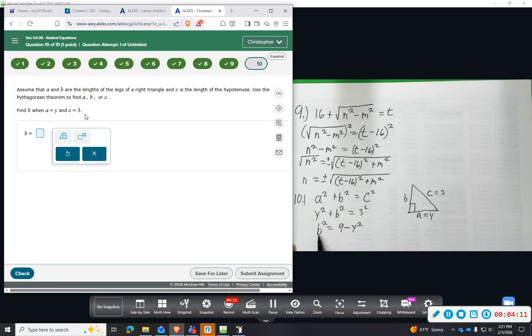And then we're going to take the square root of both sides. So we'll get b equals, and then you take the square root of this side, positive or negative depending on what we get, 9 minus y squared. Now usually, whatever this answer is, we'll only deal with the positive since it's a measurement. So we're going to be ignoring the negative part of this answer for the time being.